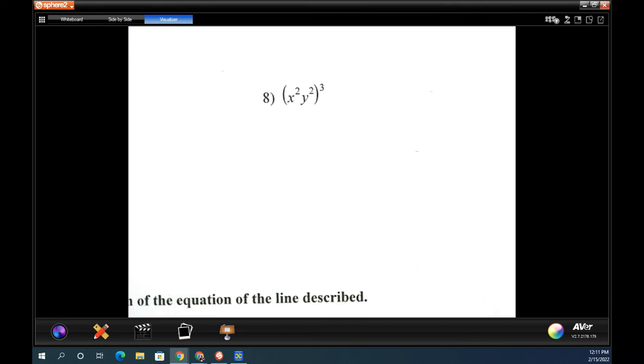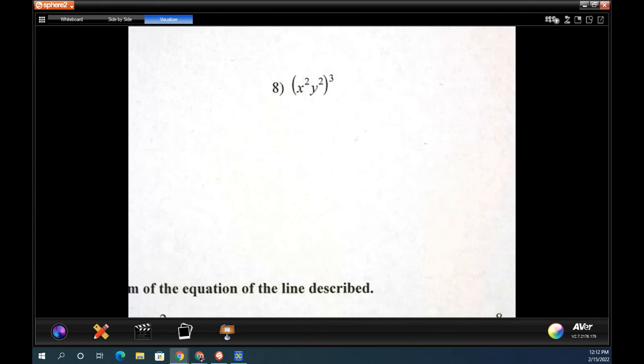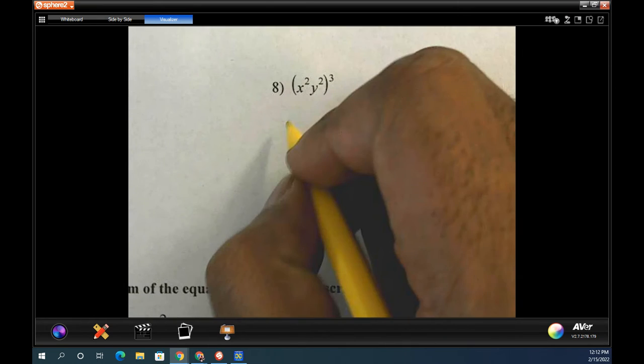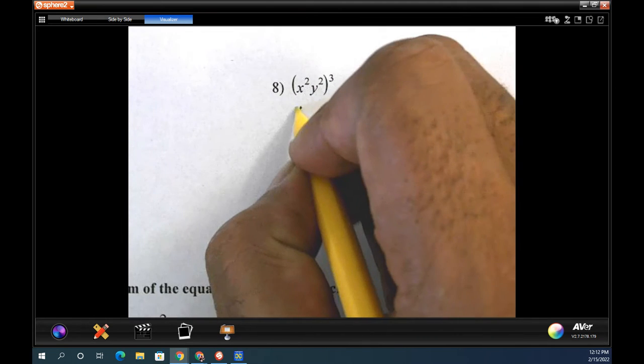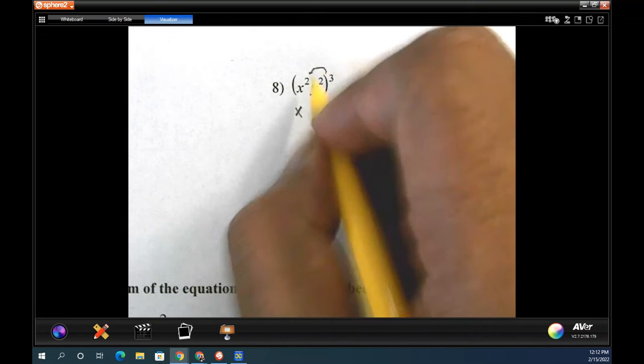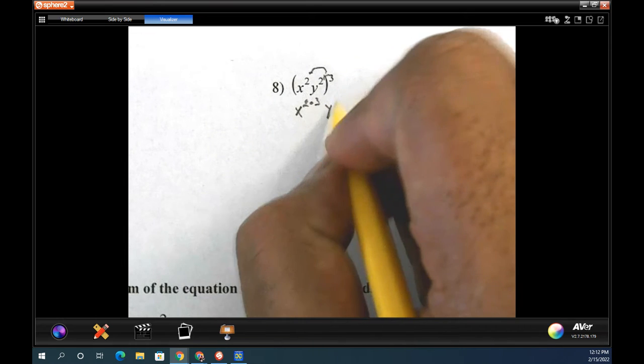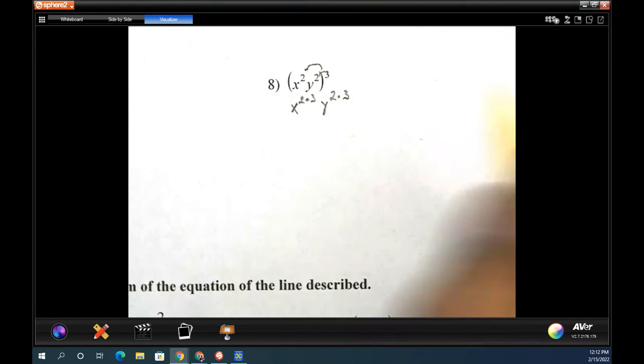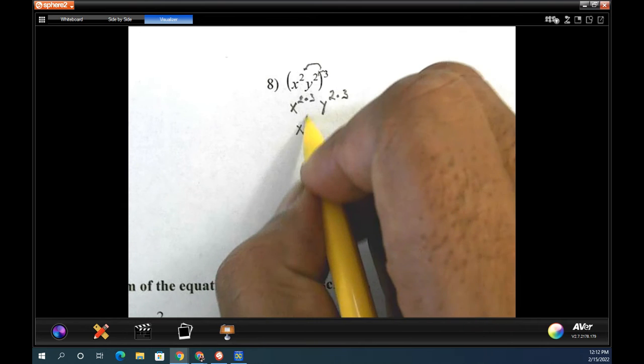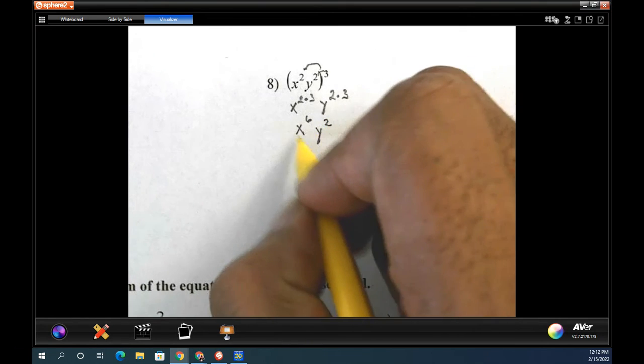Try number 8. All right, number 8. That would be x to the 2 times 3, y to the 2 times 3, which is x to the 6, y to the 6.